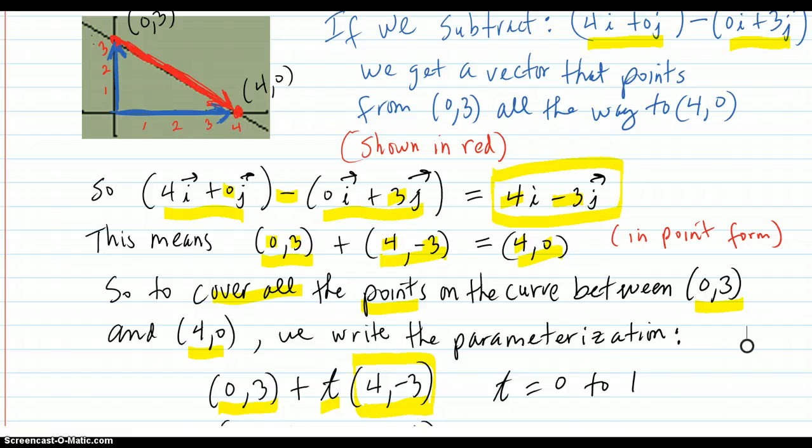This is your 4i minus 3j. That's the curve. By putting a parameter t in front of it and having that t go from 0 to 1, then you're covering all the fractions of that. So you're going to get this one and a little bit bigger, bigger until you get the whole thing.